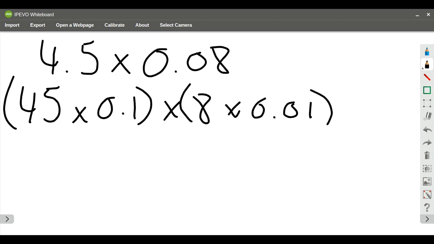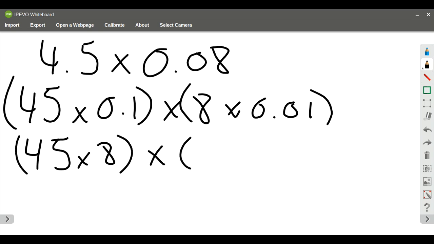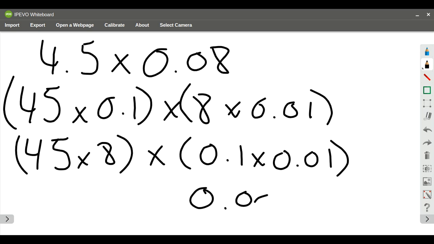So I'm going to shuffle my multiplication problem up to where it's going to be easier for me to multiply. So I'm going to do 45 times 8 times 1/10 times 1/100th. Well, 1/10 times 1/100th is going to be 1/1000th. And then I need to see what 45 times 8 is going to be.